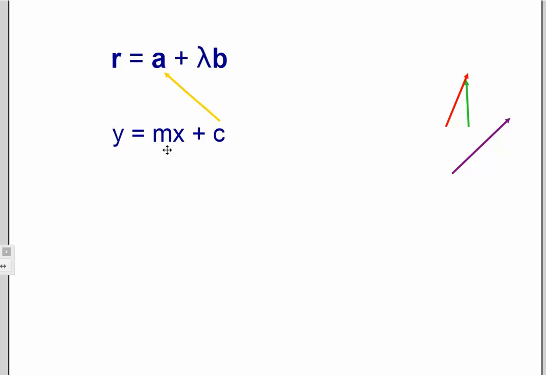In the Cartesian equation, the slope or the gradient of the line is m, and in the vector equation it's represented by vector b, so that tells us the direction of the line. The position we want to arrive at, in the Cartesian case it's y, and in the vector equation it's r. And then the variable bit, in the Cartesian equation it's our x that's the variable, and in the vector equation it's the lambda that's the variable. So they can match up there.